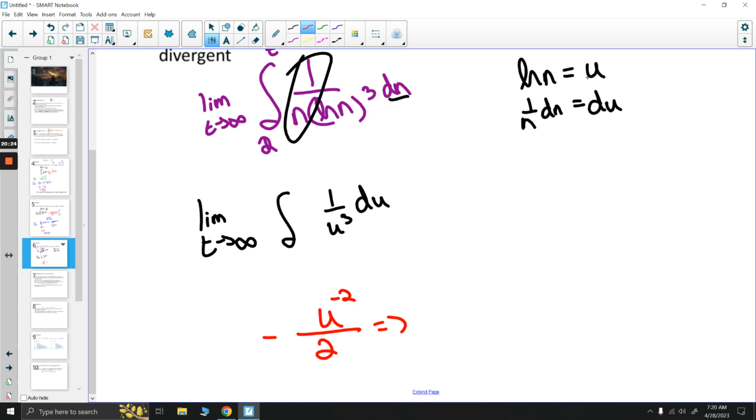Natural log of 2 is u, so I could call this natural log of 2, and then natural log of t as t goes to infinity. That would also be an infinity. But if you're not sure, just leave it off, and we'll come back to it. So that means it's -1 over 2 times natural log of n squared. That's what we're dealing with, and we're doing this from 2 to t, and the limit as t approaches infinity.